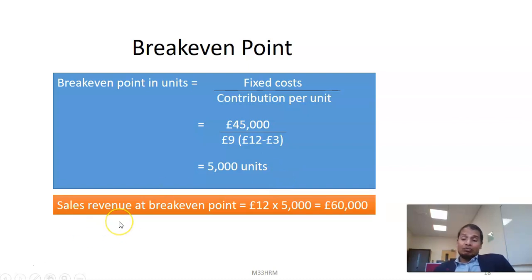To calculate the break-even point in terms of sales revenue, just multiply the break-even units by the sales price, 12. So 5,000 times £12 is £60,000. If the company can sell £60,000, then it is at the break-even point, no profit, no loss.